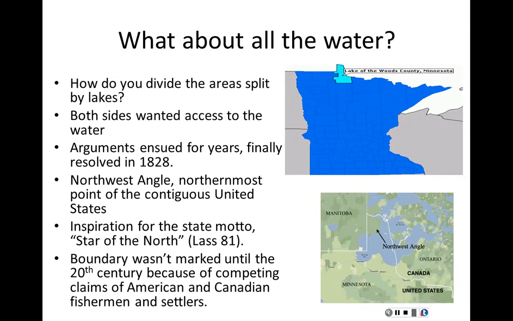It's mainly a tourist fishing area and natural preserve area, but it is the model for the state because it is the furthest area north in the continental United States. So there's no other place further north than that when it comes to the 48 states. Now Alaska will change that much later, but if you wanted to go north in the United States, that's as far north as you could get. So there's your Star of the North, the state motto.